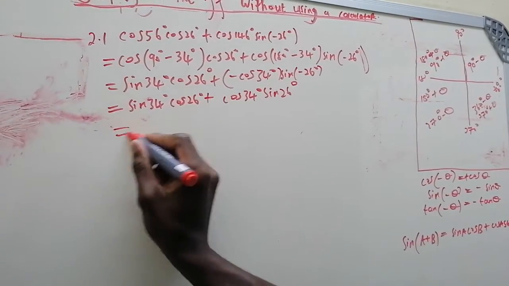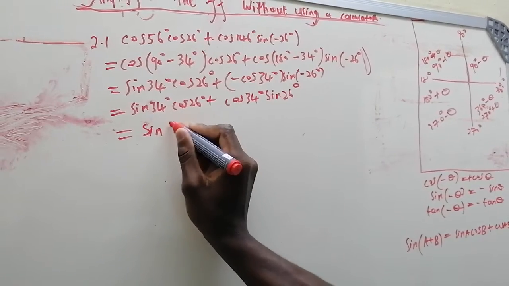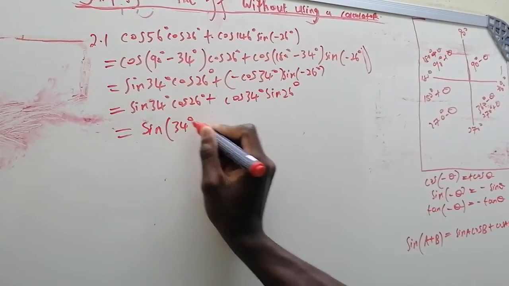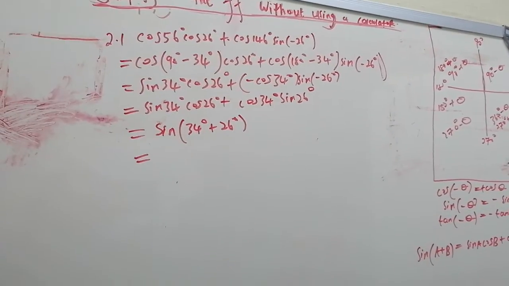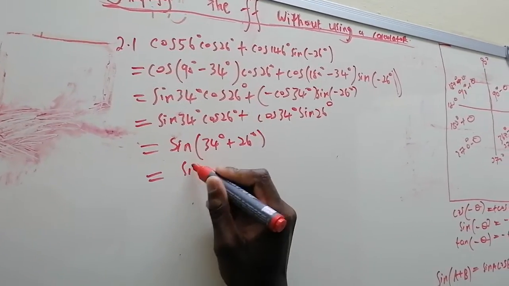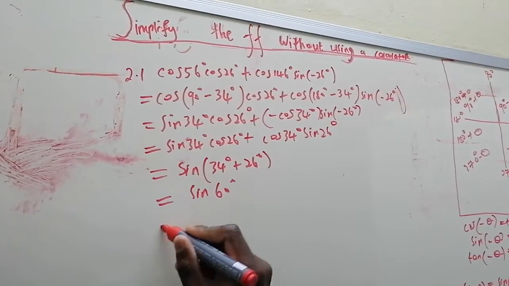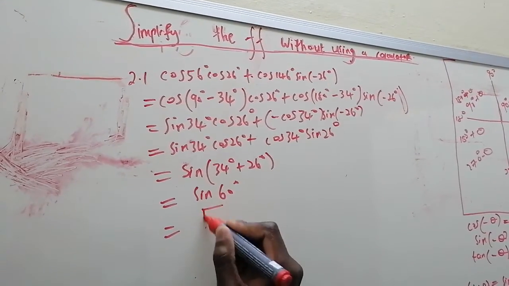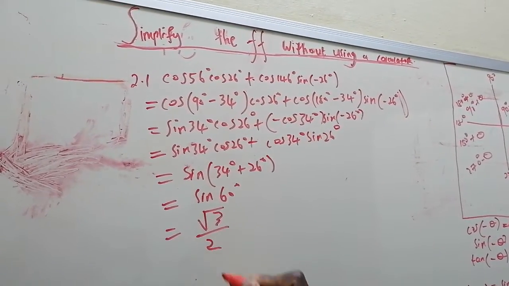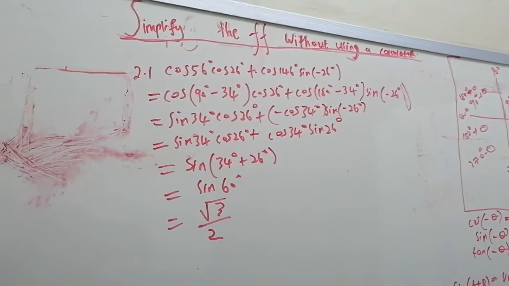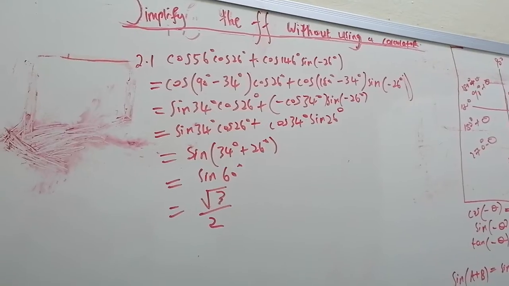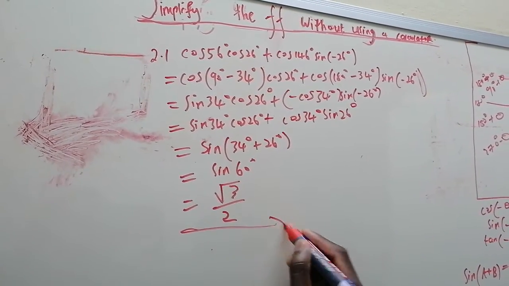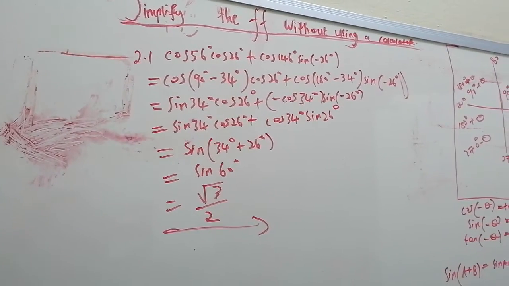Therefore, in this case we have sine of 34 degrees plus 26 degrees, which equals sine 60 degrees, and I think that's root 3 over 2. Let me confirm. Sine 60, yeah, that's root 3 over 2. That's all for this problem.